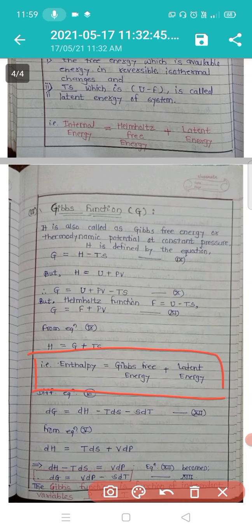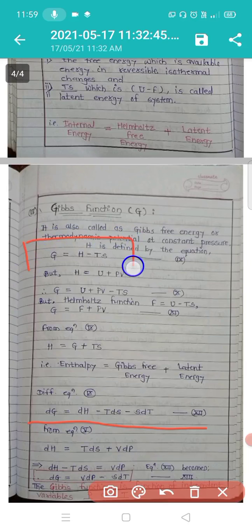Then differentiating this equation, we get dG = dH - T dS - S dT. From the earlier equation, dH = T dS + V dP.